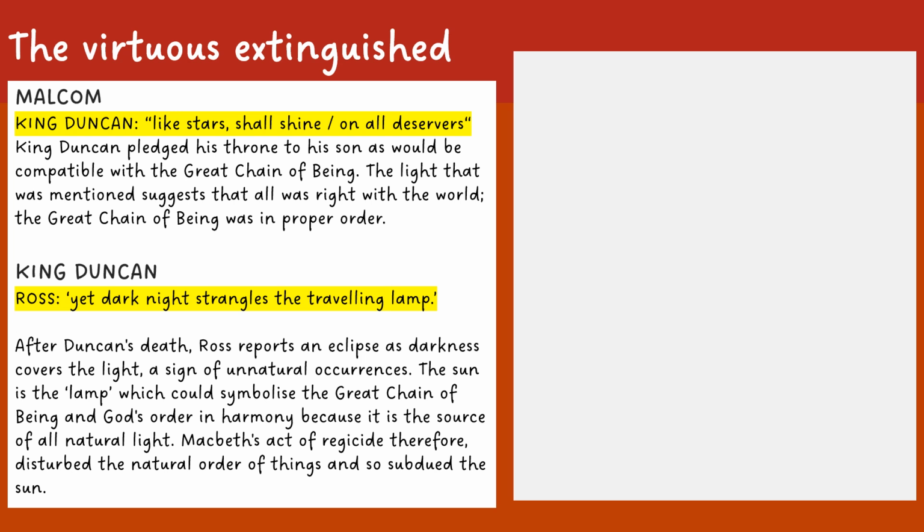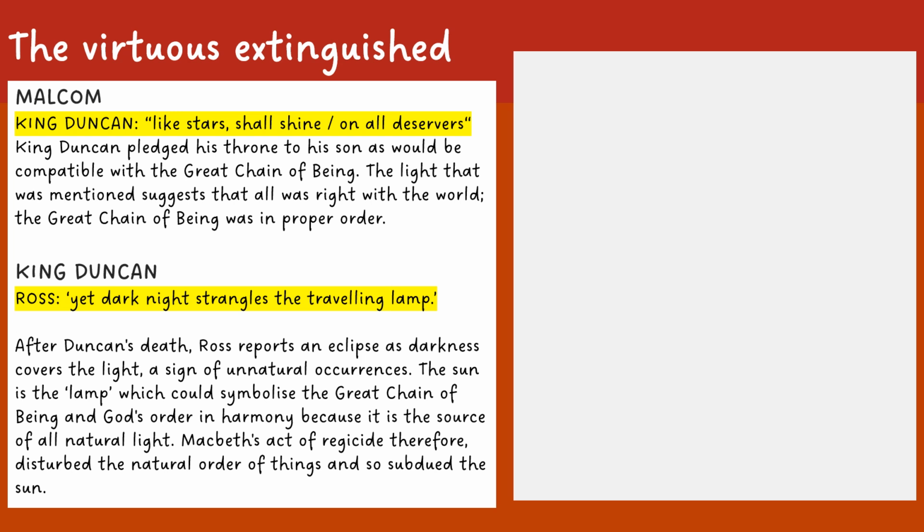You could also link this idea that the lamp could in turn symbolise the great chain of being and this God's order, and that harmony has been completely disrupted because the source of light has been eradicated, okay, it's been extinguished.